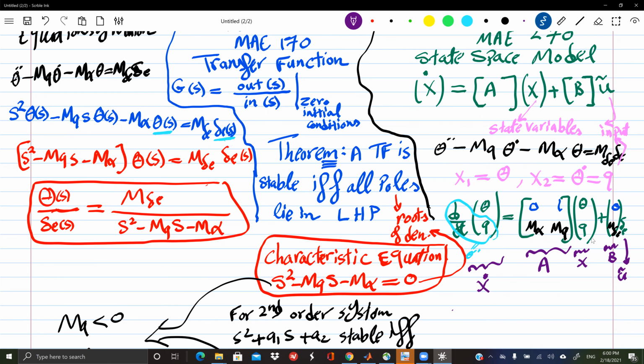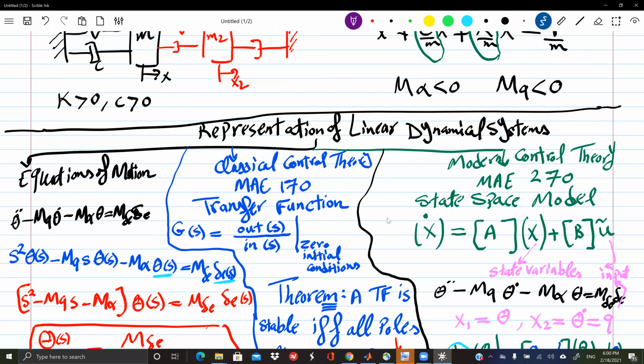Why do you write it in state space model? Because this is the language that is being considered here. If everything in the classical is in terms of transfer function, everything here is in terms of the matrices A and B. Like here, when you consider a system, I really don't care if this system comes from an airplane, submarine, or an oven.